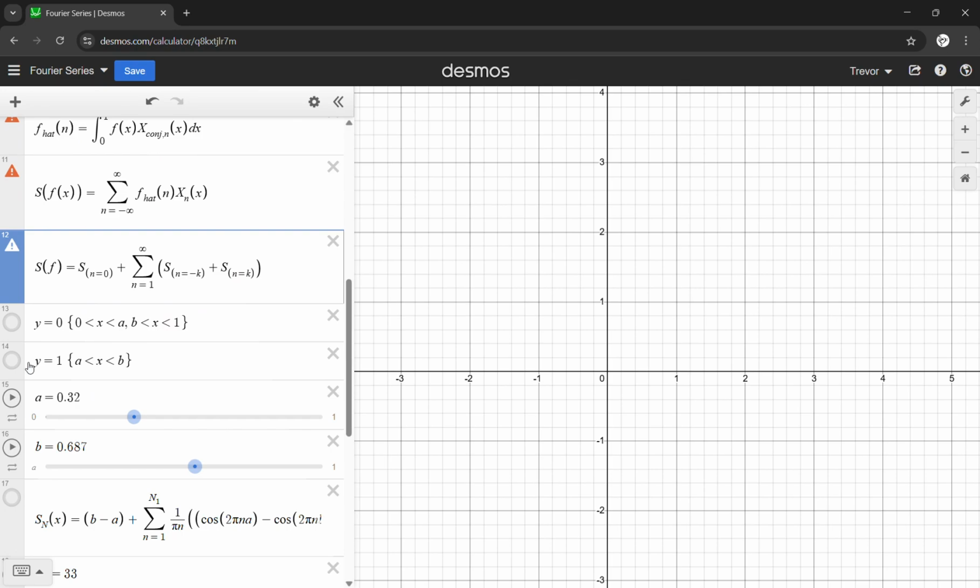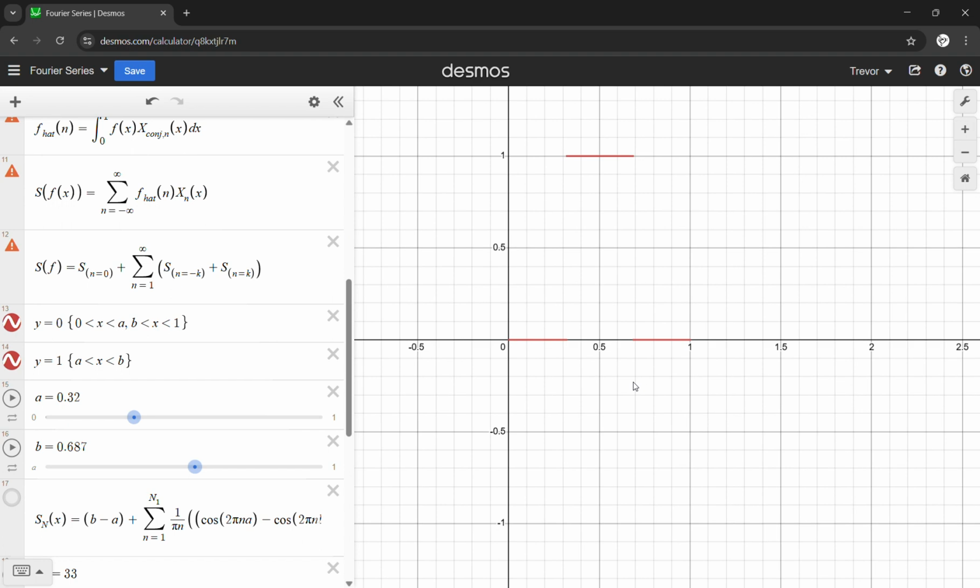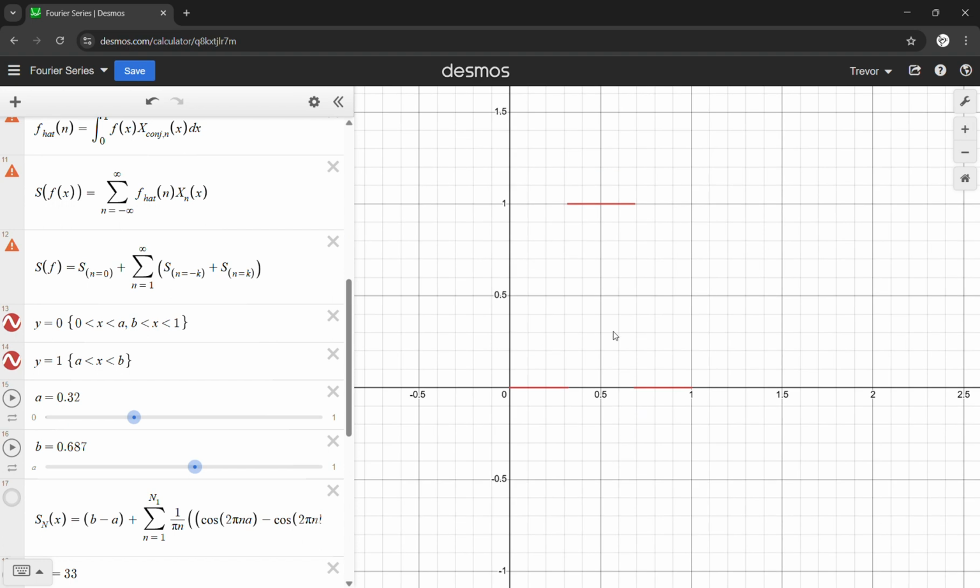So here's an example. We've got this function, this red function, and this can also be called the characteristic function. Maybe it's called the identity function or something like that. But it's really not that complicated. All that we have is this interval on x, a to b, and here we can control what a and b are.